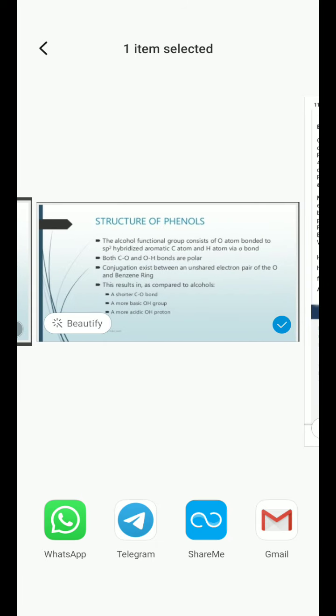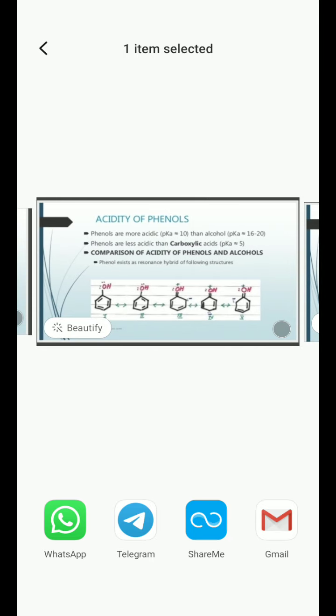In the next lecture, we will discuss the acidity of phenol. But for now, what is the reason behind the acidity of phenol? Why is phenol acidic in nature? Because it possesses an OH group.